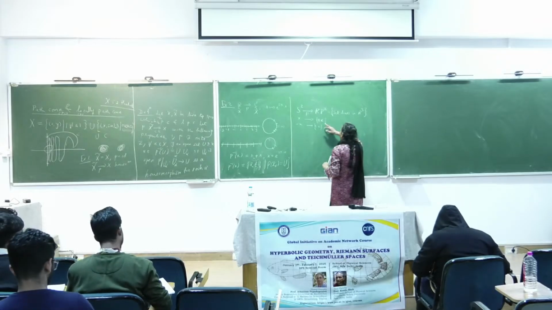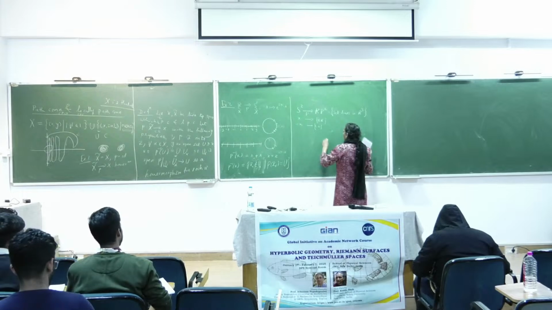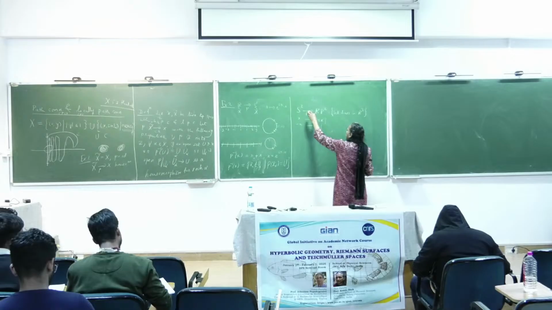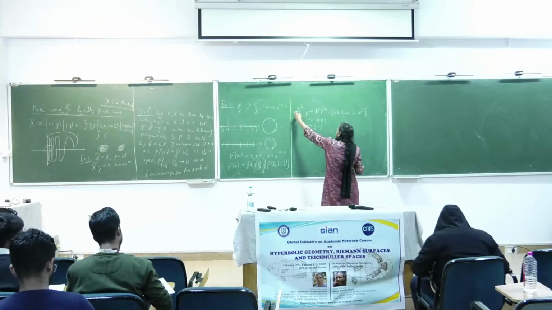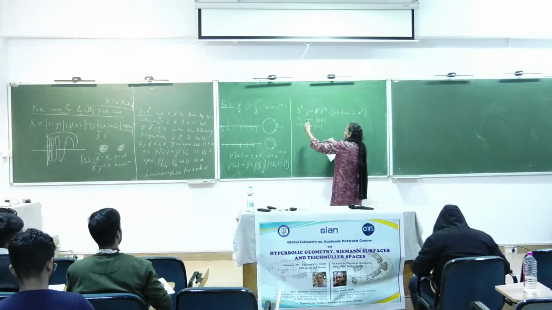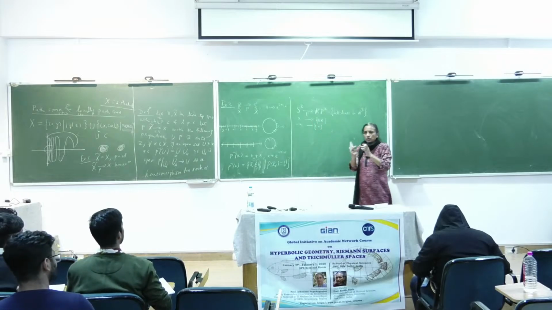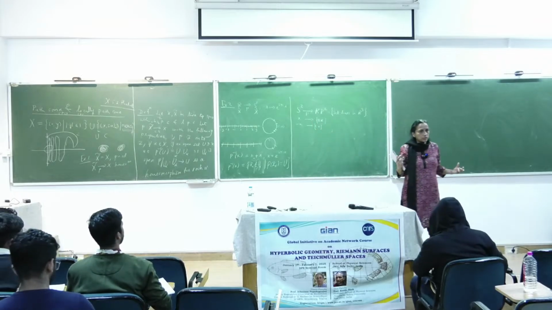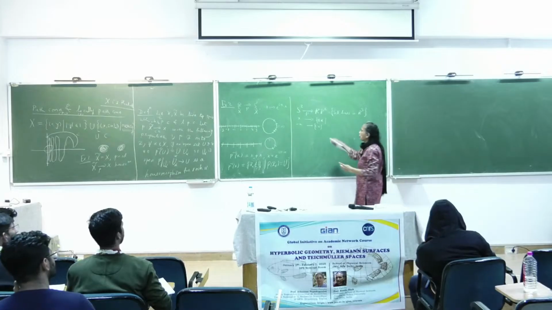And now, because of the quotient topology, if I take an open set in this space, what you get in R3 is the inverse image in R3 minus 0, which is two cones that intersect S2.